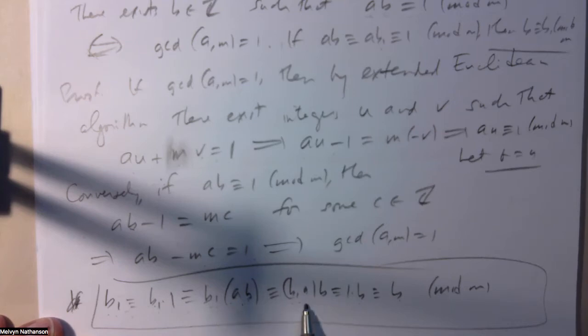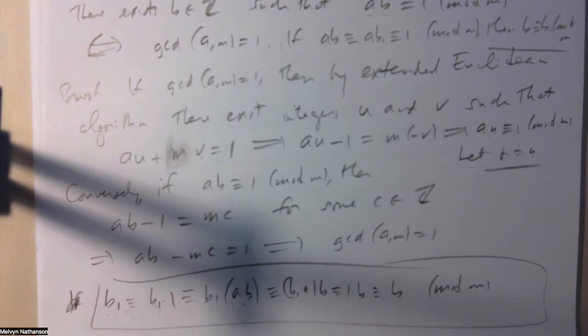This is just associativity, but then B1A is 1, so we get B. So B1 is congruent to B mod M. And again, this is the sort of thing which, once you understand it, you can write it down in a couple of seconds, but it might take minutes or hours of thinking to understand it.